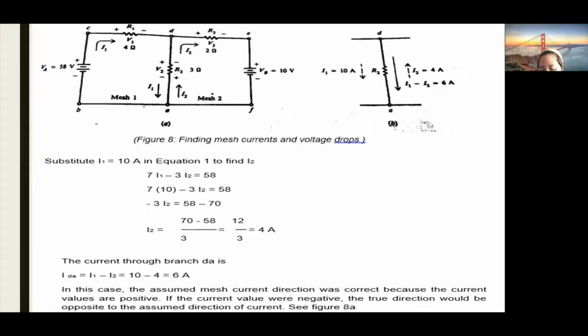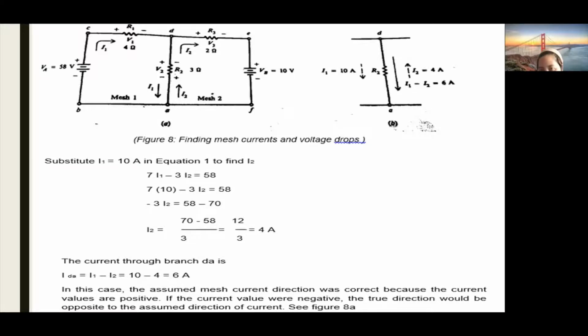We'll be using the 3. So 70 minus 58 is 12 over 3. So we have 4 amperes. So the current through branch DA here now is 6 amperes. Why?